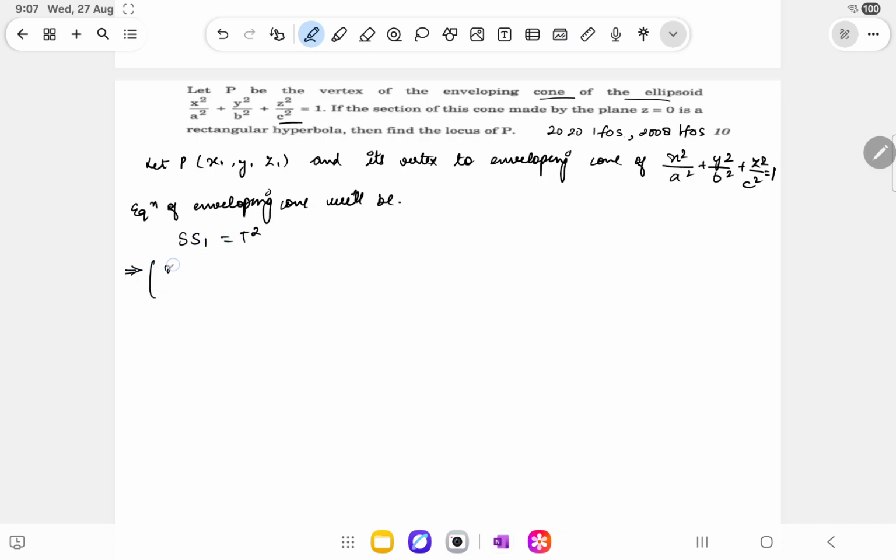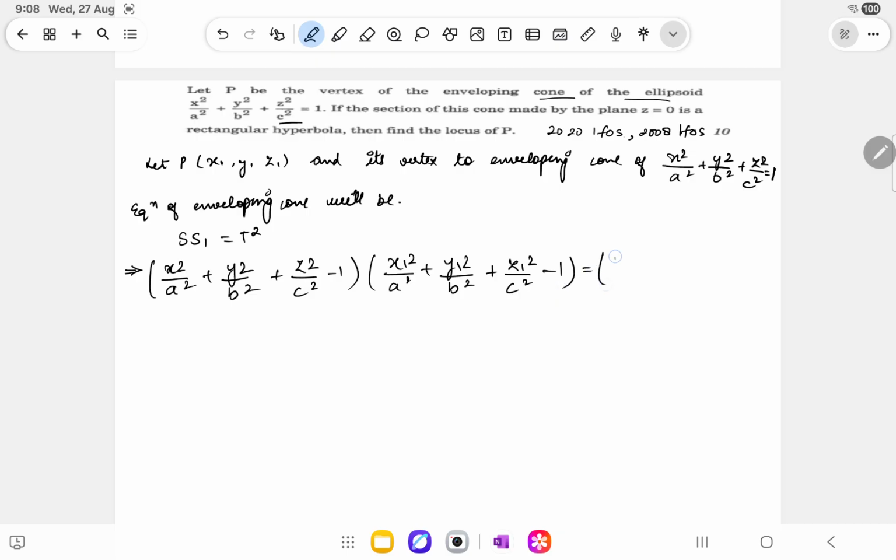If I write it, it will be x square by a square plus y square by b square plus z square by c square minus 1 into x1 square by a square plus y1 square by b square plus z1 square by c square minus 1 is equal to x1 x by a square plus y1 y by b square plus z1 z by c square minus 1, whole square. So this is basically my equation of the enveloping cone with x1, y1, z1 as its vertex.